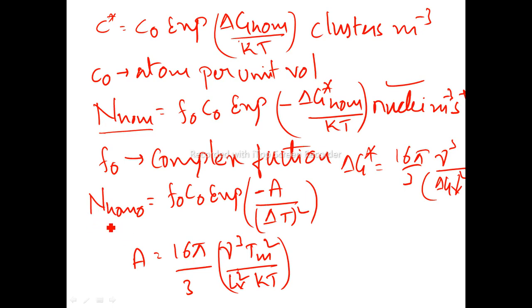The rate of homogeneous nucleation is exponentially related to the square of the undercooling.